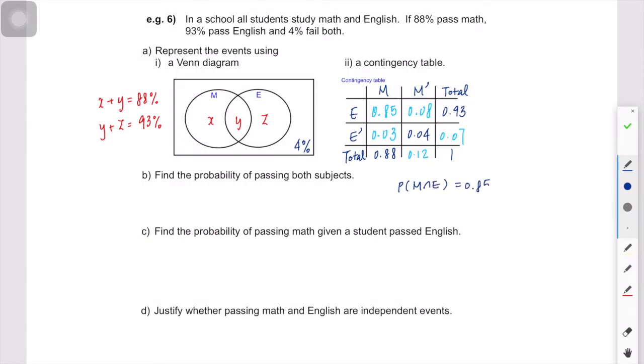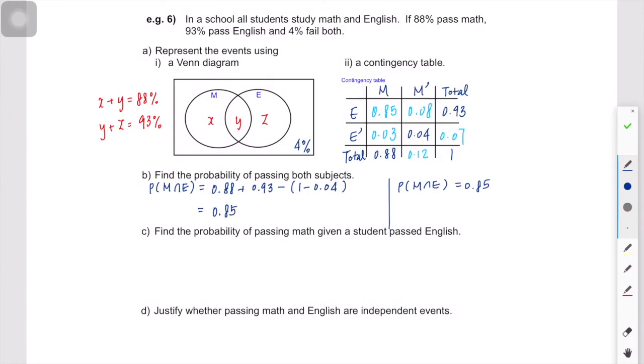But if we use the Venn diagram method, then we are looking at the probability of M and E, which involves finding 0.88 plus 0.93, the individual events, minus the probability of the OR of the events, which is 1 minus 0.04. So we're utilizing that formula, and this will also give me 0.85.